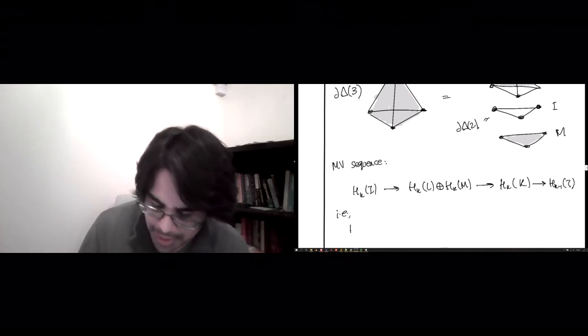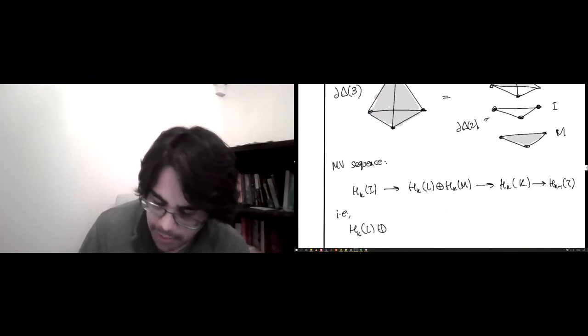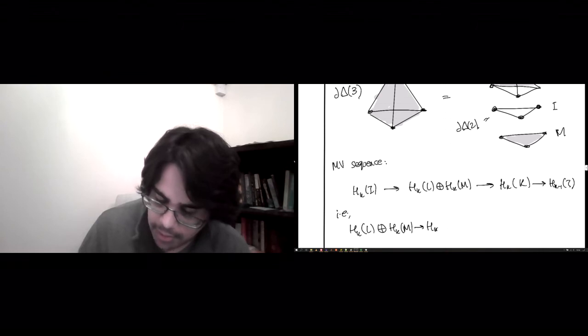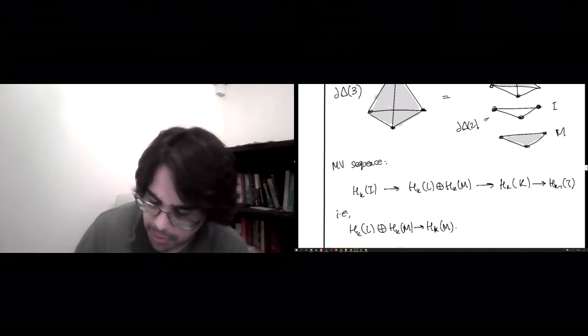And so if you shift your perspective slightly, you get to sandwich things between h_k of L direct sum h_k of M. So you go to h_k of K. This is just a shift, so we're starting from a different point.